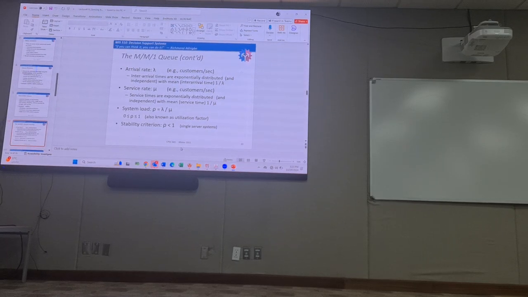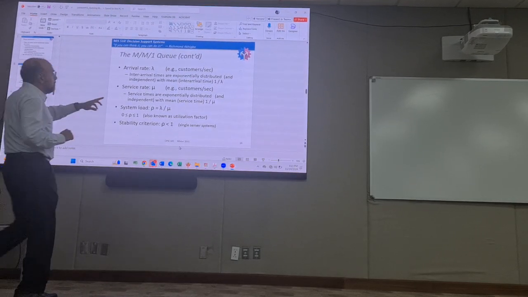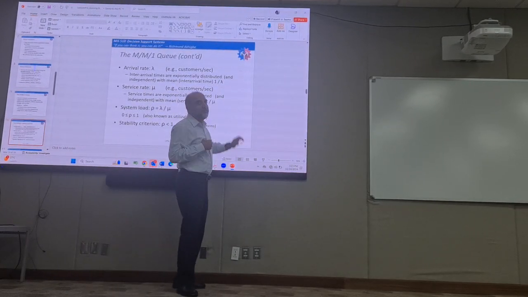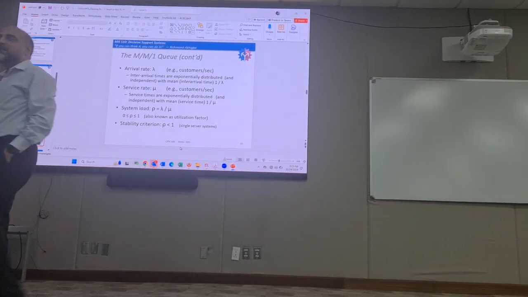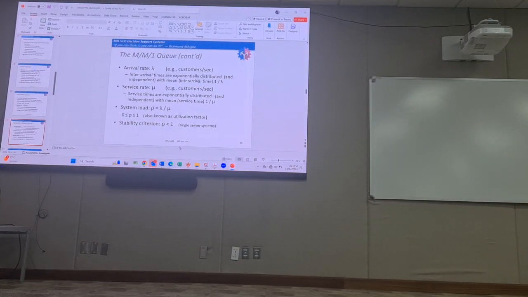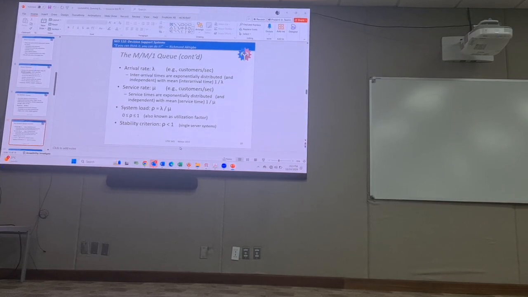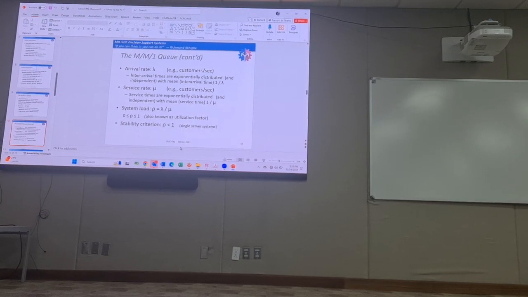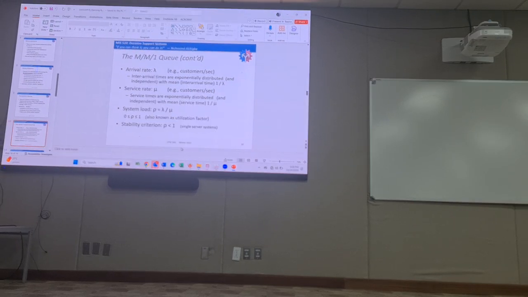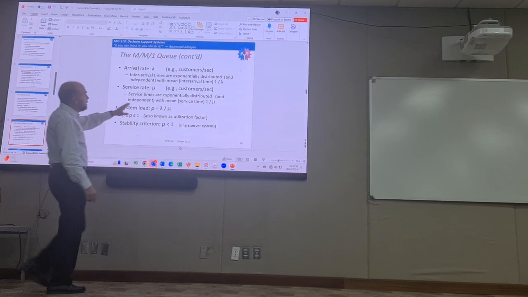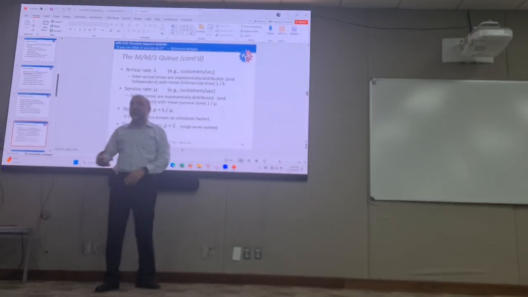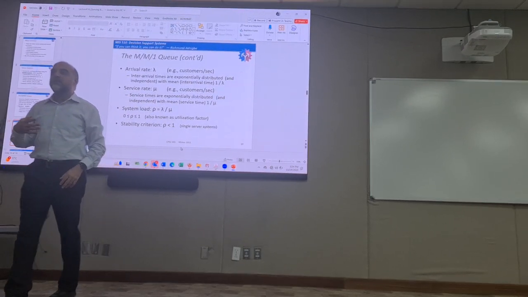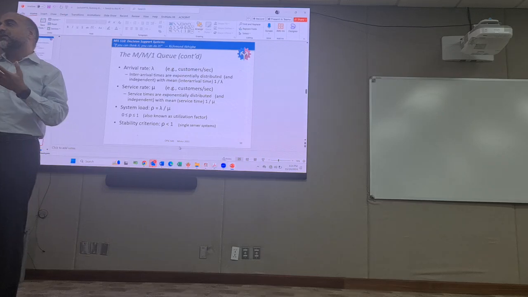So how do you get time? You just do 1 over lambda. So with 3 customers per minute, 1 over 3 is 0.333, right? So you understand this basic difference. Same goes with mu. If service rate is customers per second, then service time is the time on average a server spends on a customer.